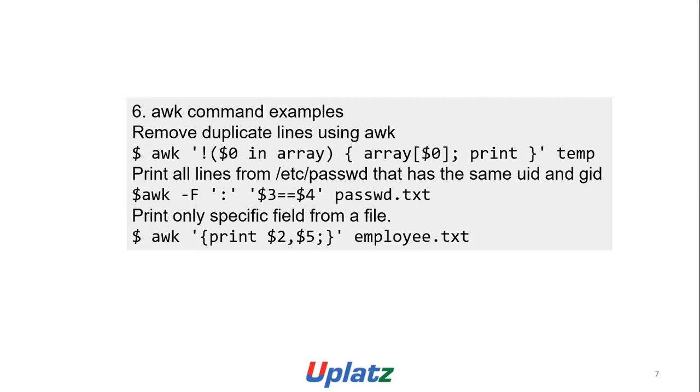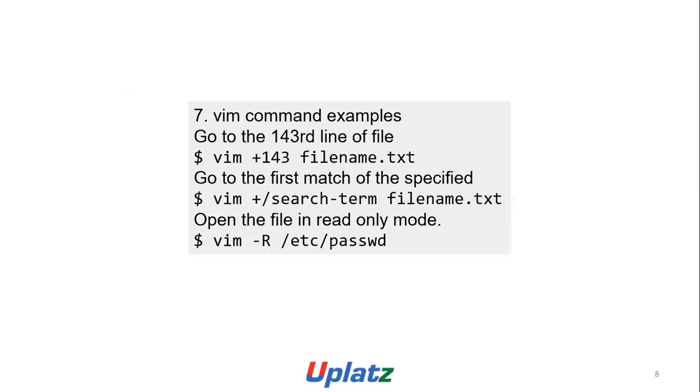Print all lines in /etc/passwd that have the same UID and GID: awk -F ':' '$3==$4' passwd.txt. Print only specific fields from a file: awk '{print $2,$5;}' employee.txt.